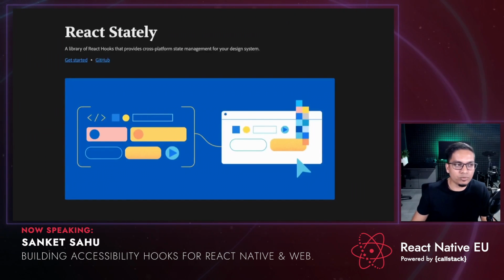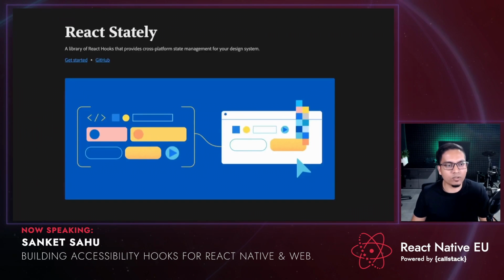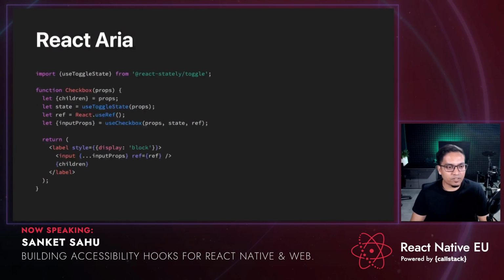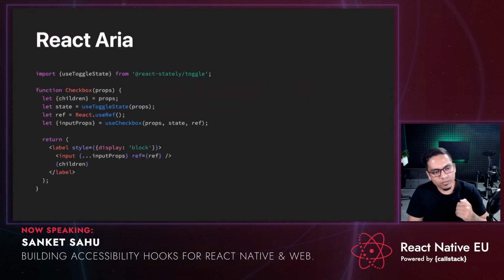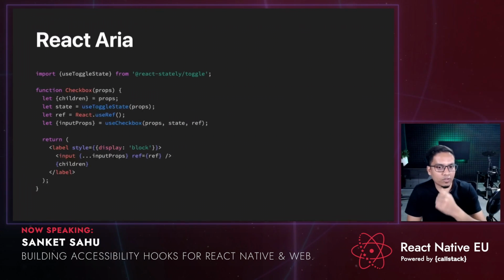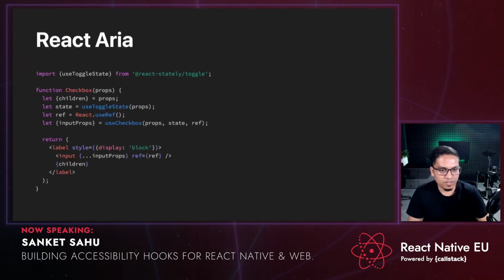For example, we have useToggleState as a hook. Let's see one of the examples. So to build the same checkbox using React Aria, we can use useToggleState from React Stately, and we can use useCheckbox from React Aria.